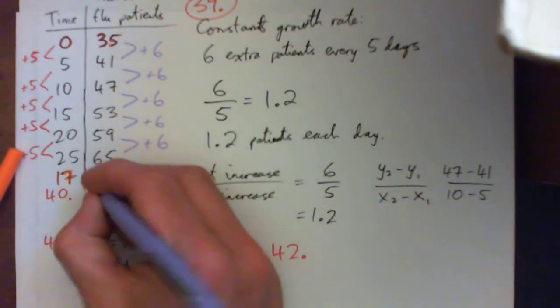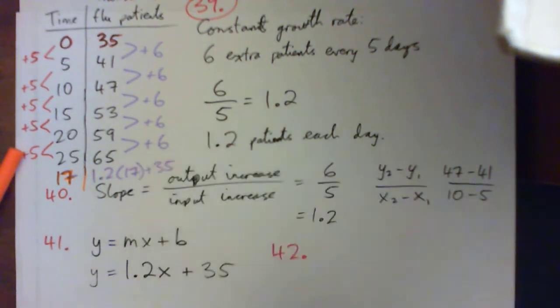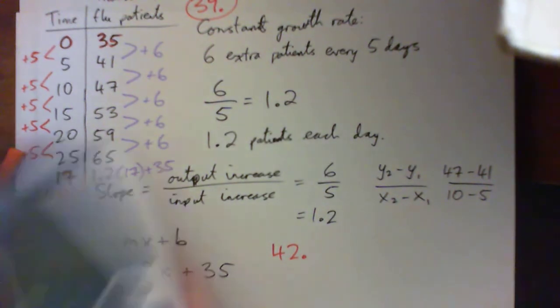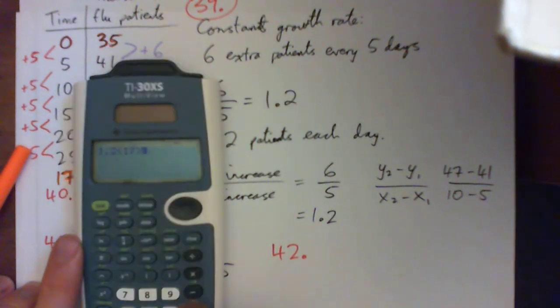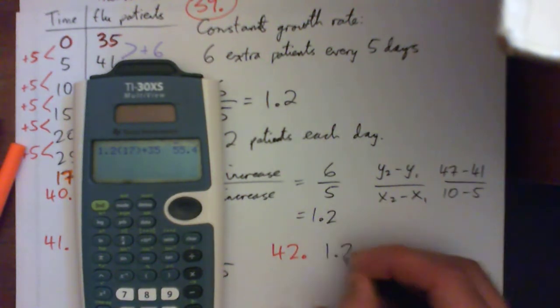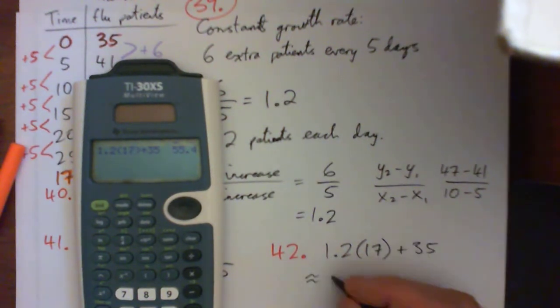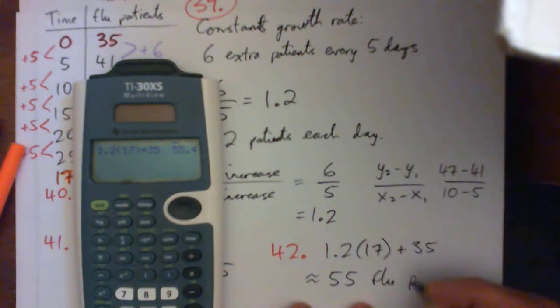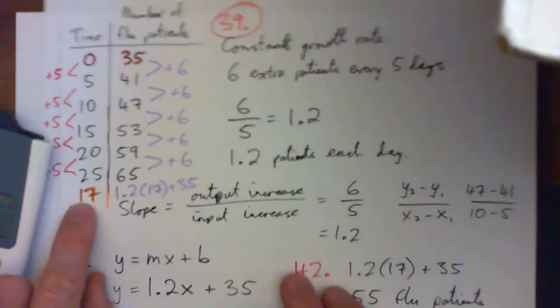You just go 1.2 times 17 plus 35. So about 55 flu patients on day 17, right?